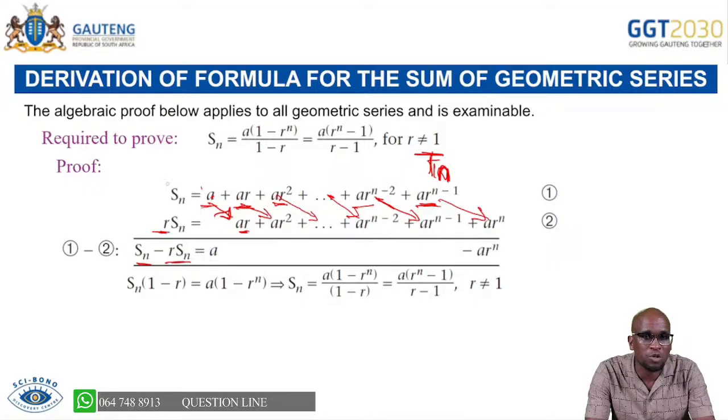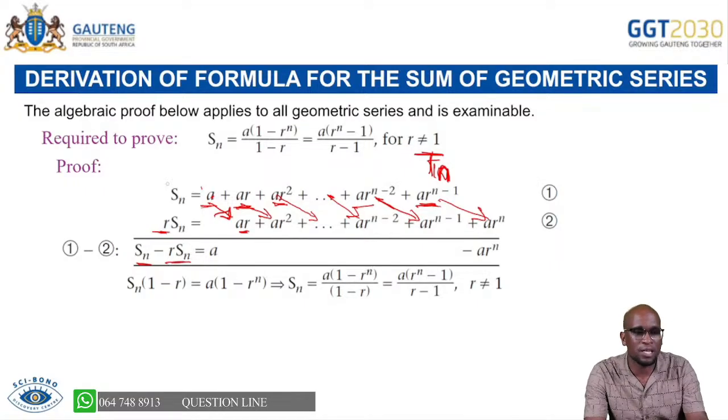Now, from there, we are going to subtract equation 2 from equation 1, I should say. So it's 1 minus 2. So we get that this is Sn minus RSn. You can see that you will be left with this A because it does not have a partner there. It will subtract 0. But the rest of the terms, you can see that AR and AR take each other out.